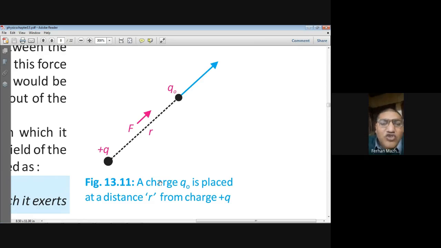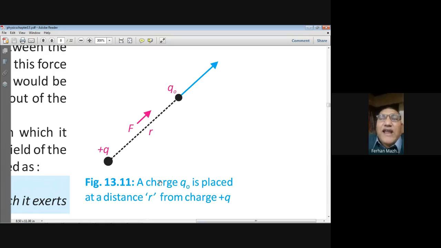If you go outside that area and place another charge there, there will be no force of attraction or repulsion between this positive charge Q and that charge. So around a charge, there is a certain area.